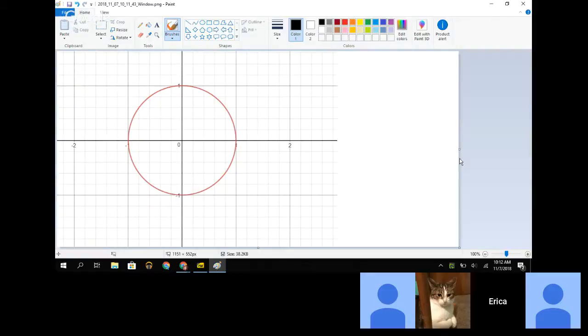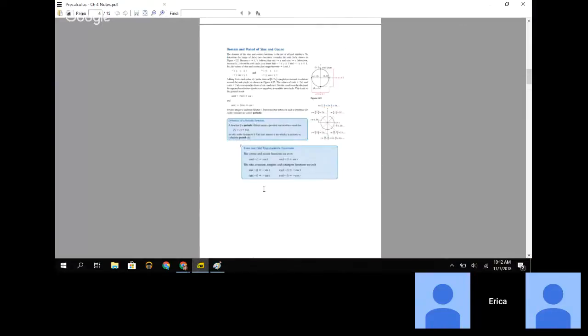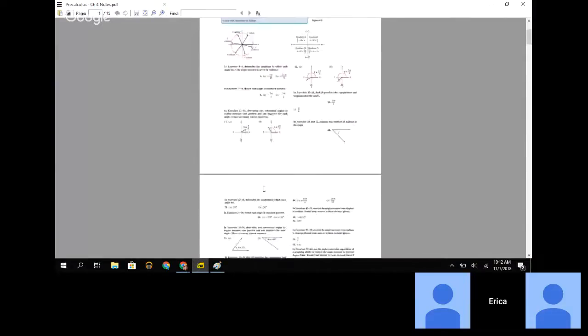Okay, so if this is a unit circle, we're going to talk about the definition of trigonometric functions as it pertains to the unit circle. Okay, so we're going to say that we have some real number, and so this is on your sheet. If you have your notes, we're basically talking about not all that stuff yet.